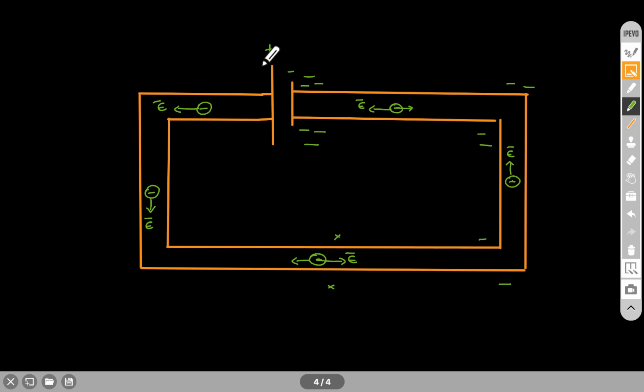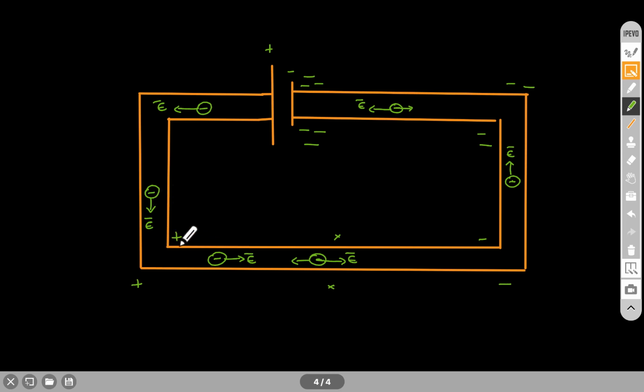I'm gonna do the same thing next to the positive side of the battery. If I place a positive charge here, then the fact that I have no charges in the middle and some positive charges here will give me an electric field that points to the right.